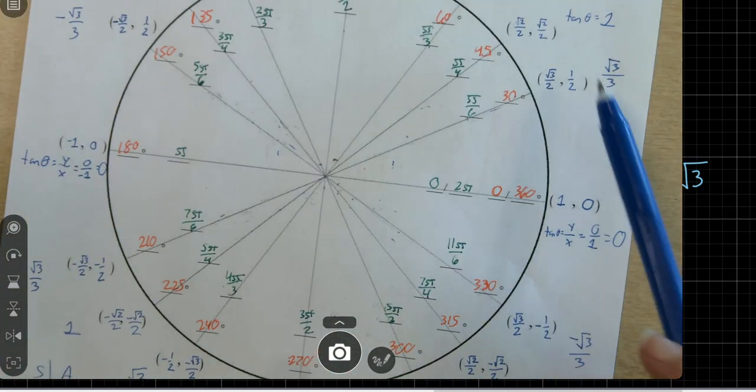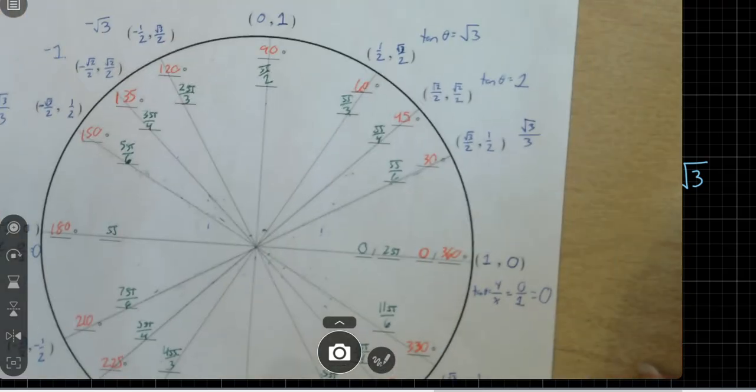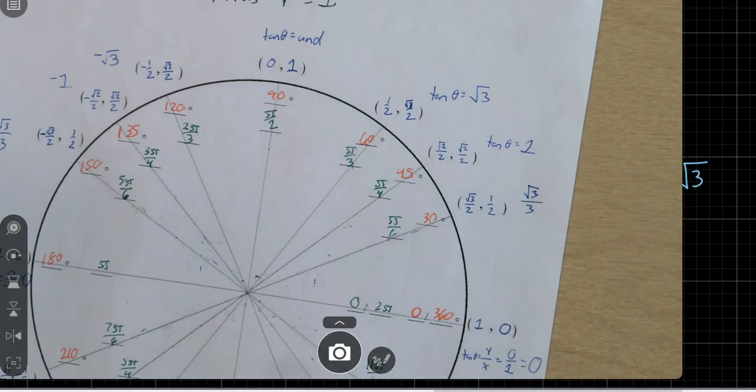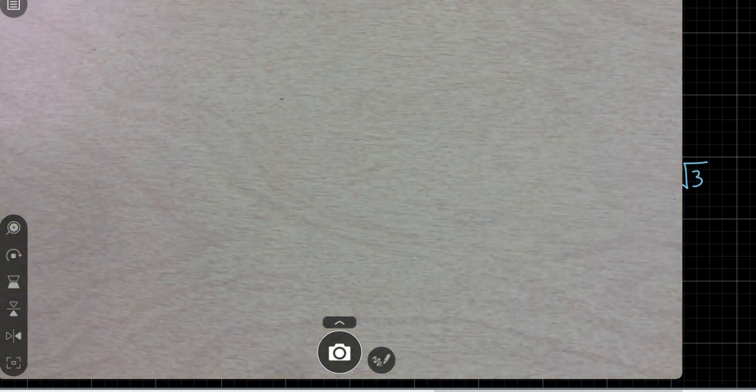Ready? 1, 2, 3, 4, 5, 6, 7, 8, 9, 10, 11, 12. Each one, I don't know, I haven't made it yet. Is it a quiz? It's a quiz. I can't make it a test, it's too early. The whole thing, every single blank, not the tangent.